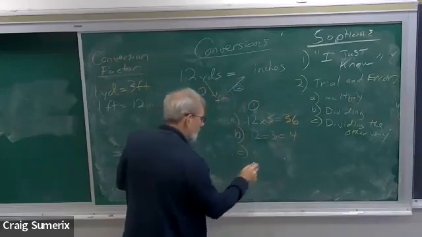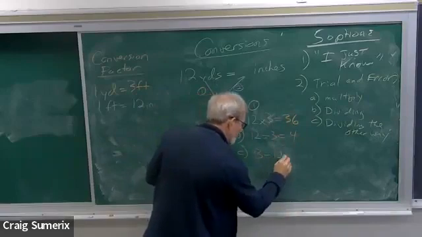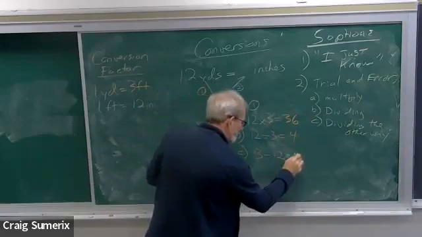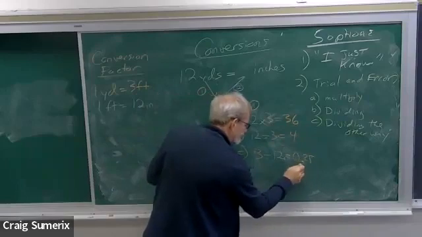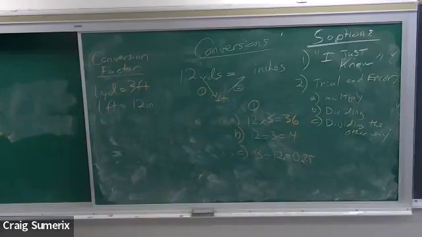And C, 3 divided by 12 is 0.25. Which one of those makes sense? Or is there any that don't make sense right off the bat?